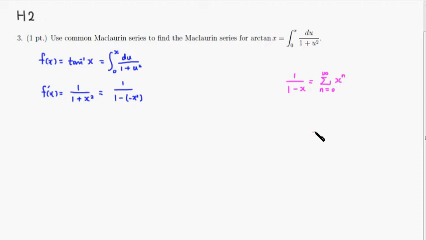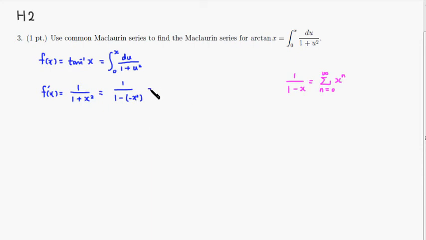This is the geometric series. The only difference is we have negative x squared instead of just x, so we replace x by negative x squared.